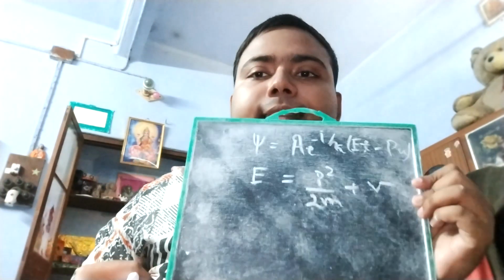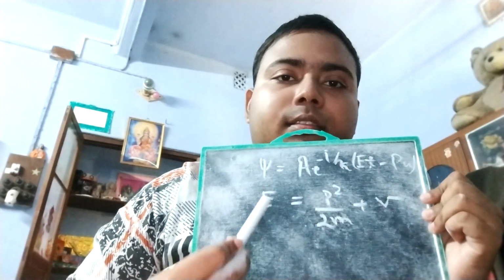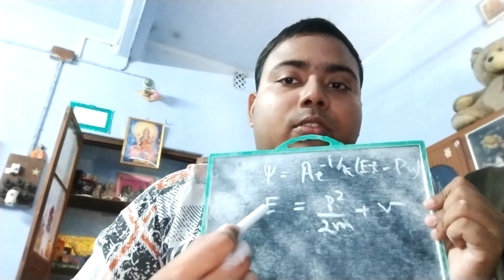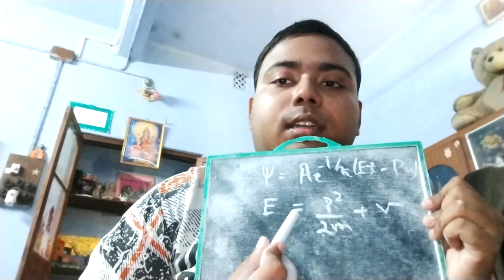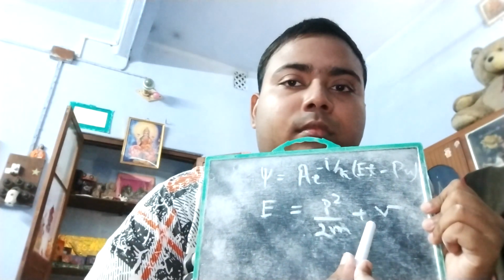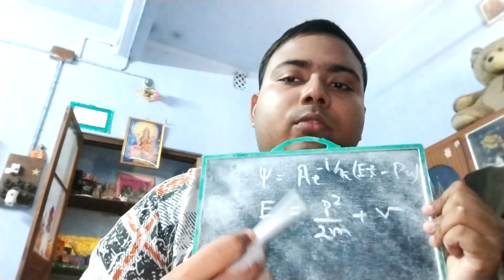So here we can see the relevant wave function equation, and here we can see an equation from classical mechanics that states the total energy is the summation of the kinetic energy and the potential energy. So here you can see the p square by 2m format. We are very used to the half m v square format, that is p equal to m v, so p square gets m square v square, right?